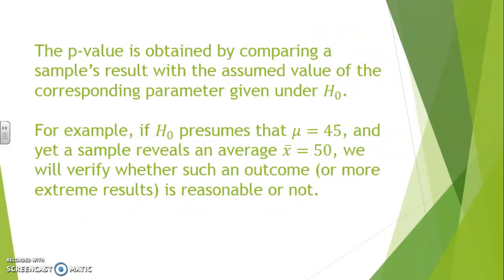The p-value is obtained by comparing a sample result with the assumed value of the parameter that was given under H0. For example, if H0 presumes that mu is 45, and yet a sample reveals an average of 50, then we will verify whether such an outcome, or even more extreme outcomes, are reasonable or not.